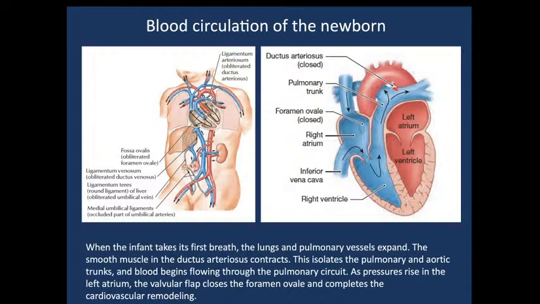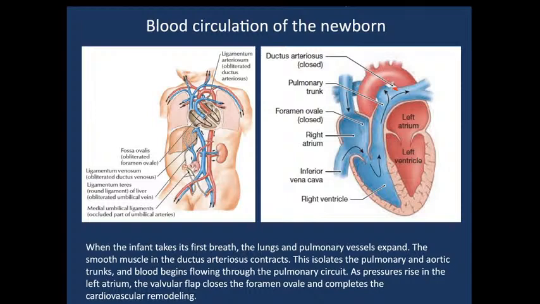So the pulmonary circuit and the systemic circuit are isolated. So we start two circuits, the pulmonary, and the large, or systemic. As pressure rises in the left atrium, the valvular flap closes the foramen ovale and completes the cardiovascular remodeling.